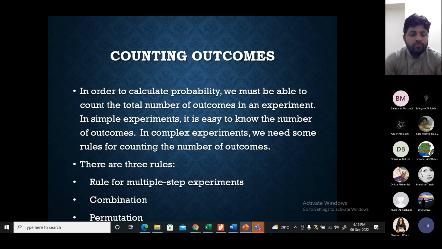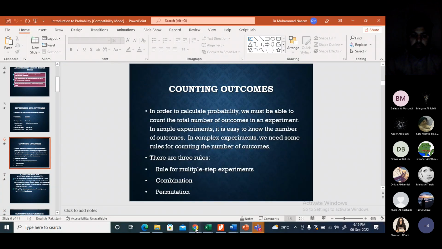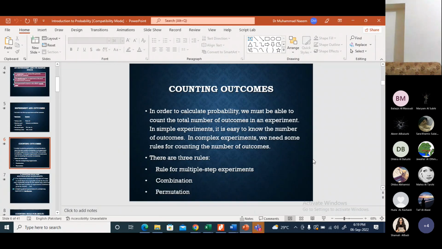So the counting rule is important because it will give us the total number of experimental outcomes.